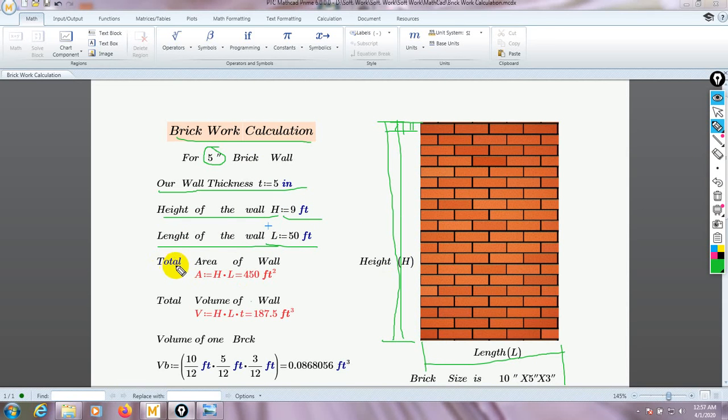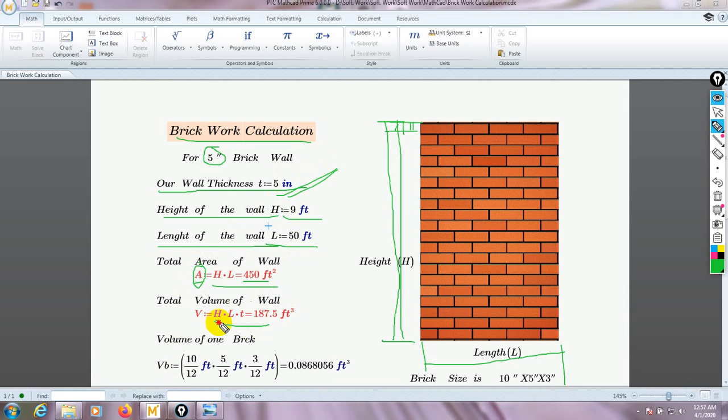If we try to calculate the total area of our wall, it will be A equal to H into L. It's an easy calculation, you all know about that. So we'll find 450 square feet. After that, if we multiply that area with our wall thickness, then we'll find that value.